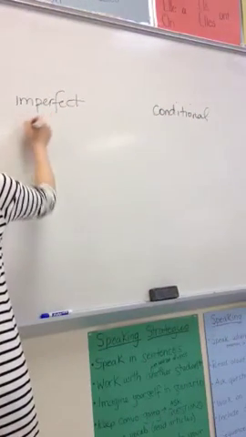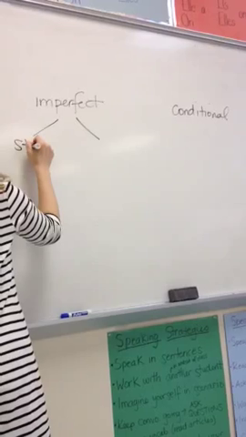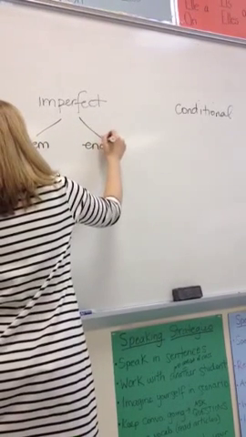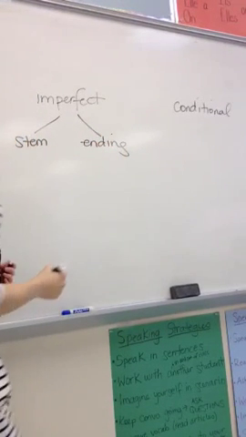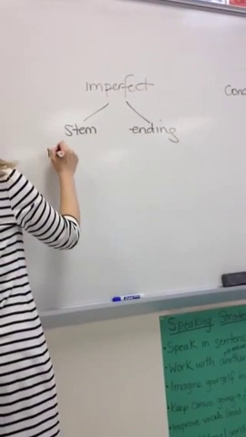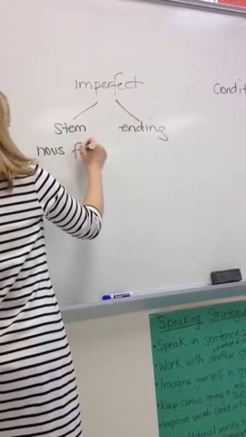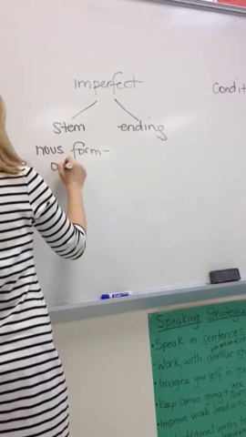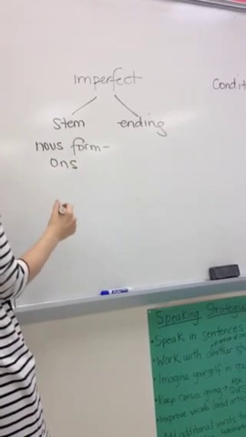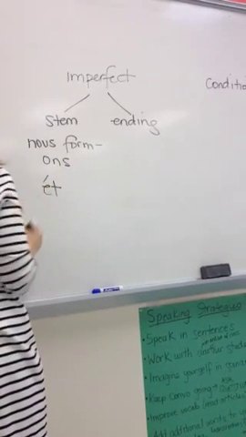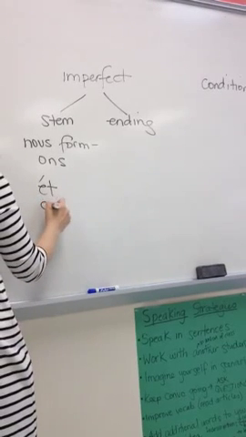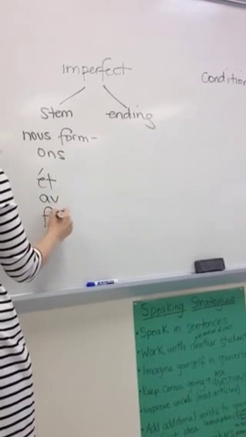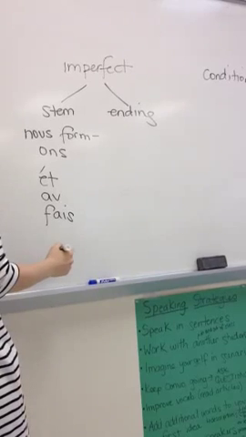So imperfect is a stem and an ending. The stems are the nous form minus the ons. Être happens to be ét, it's just by itself. Avoir is av, faire is fais.